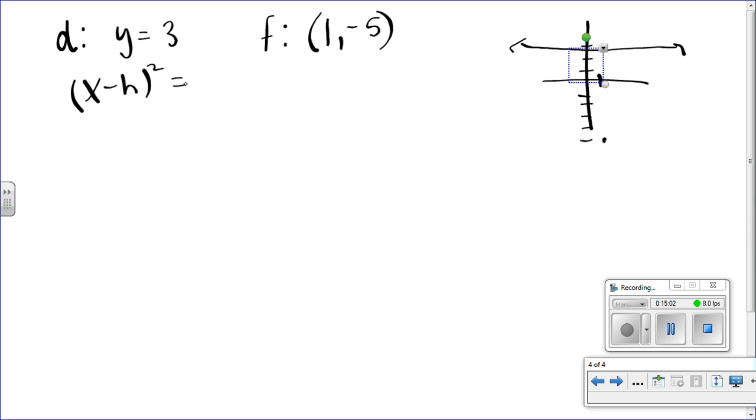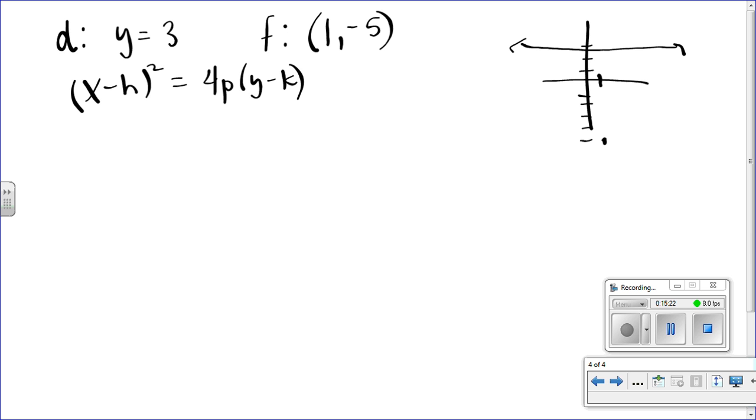How do you determine if it's up or down? Because the directrix has to be outside the parabola, and this point right here has to be inside the parabola. So the only way for that to happen is for it to open down.